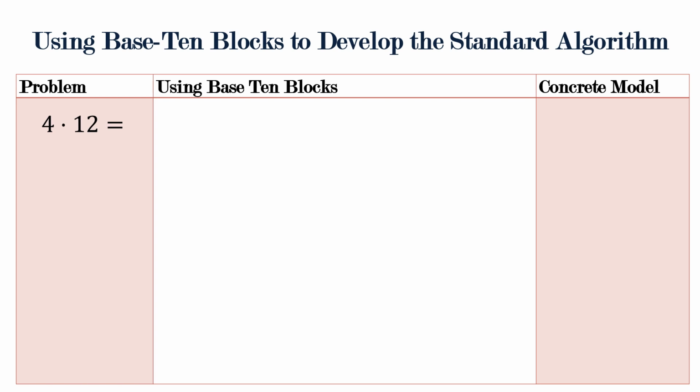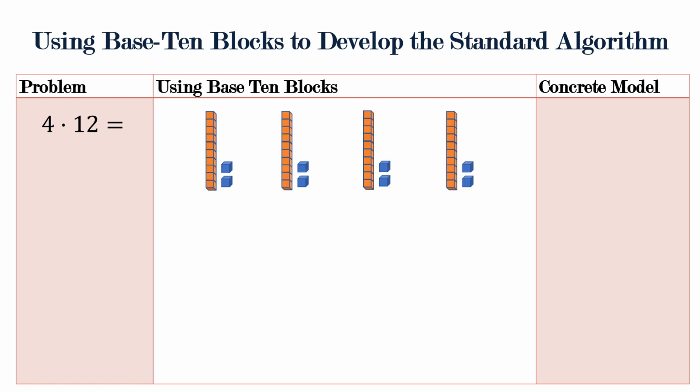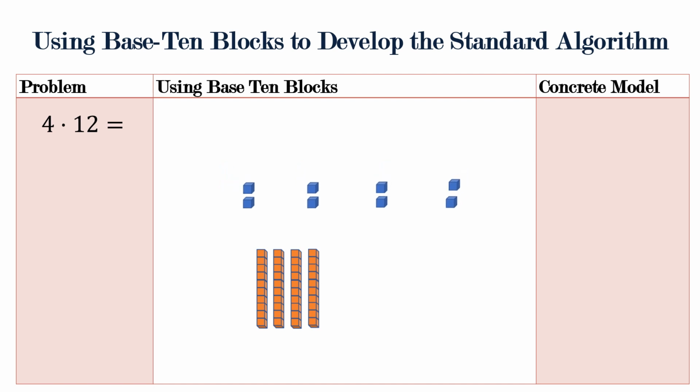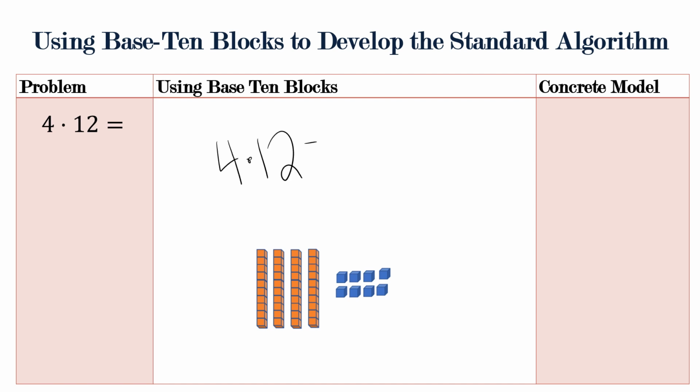So we're going to take 4 groups of 12 and combine them into one big group. So combine all the 10s, all the 1s, and then count them up. We know we have 4 10s, so that's 40. And then we have 8 1s, so that's 48. So 4 times 12 is 48.